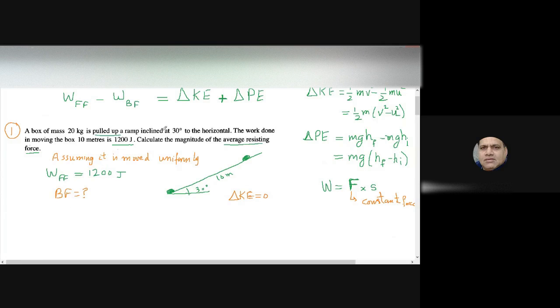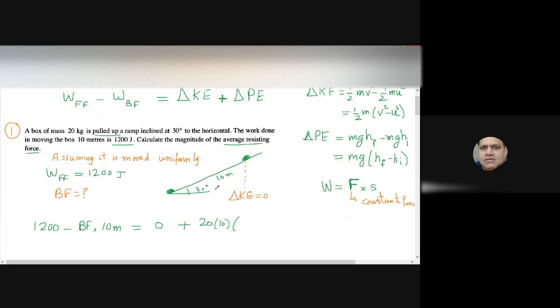So putting this information in this work energy equation, work done by the forward force 1200 minus the work done by the backward force will be the backward force times the distance it moved, 10 meter, and that is equal to change in kinetic energy, which is zero, plus change in the potential energy, which is mg height final minus height initial, m is 20, g, and height final is this height. In the diagram I will show.